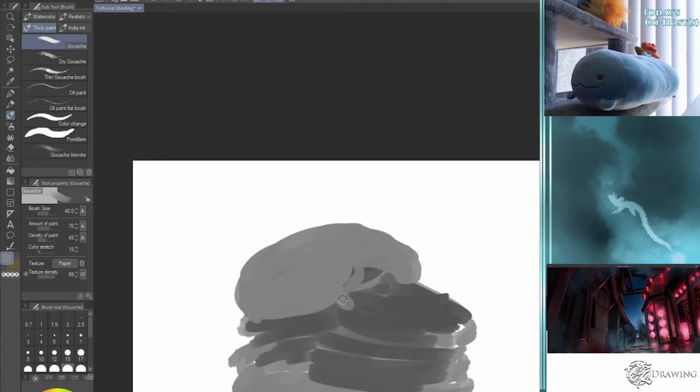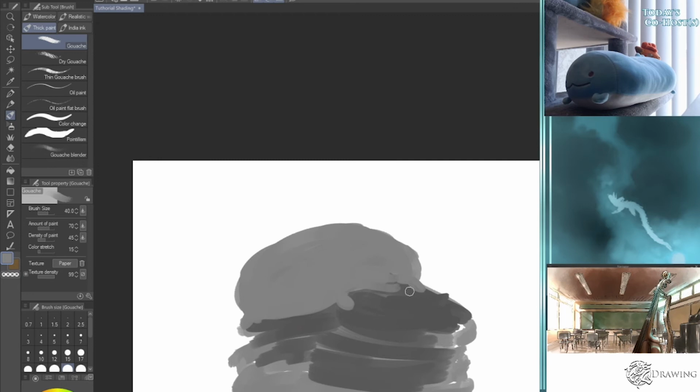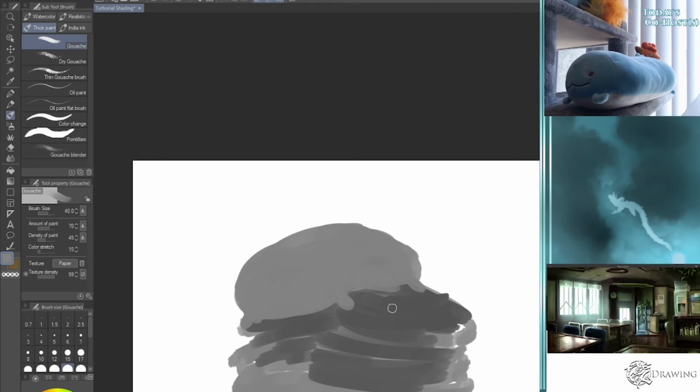He's got his little pancake arms. Little pancake legs. Trying to keep it pretty flat here.